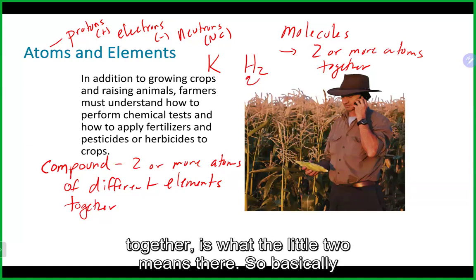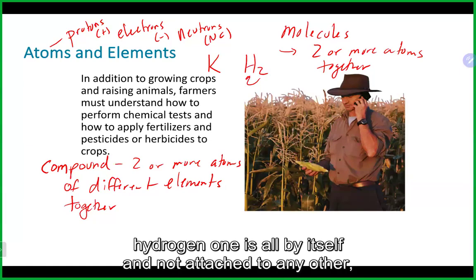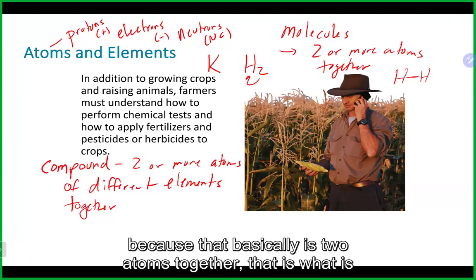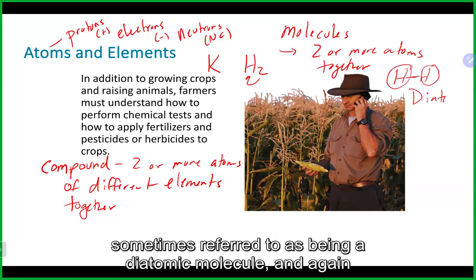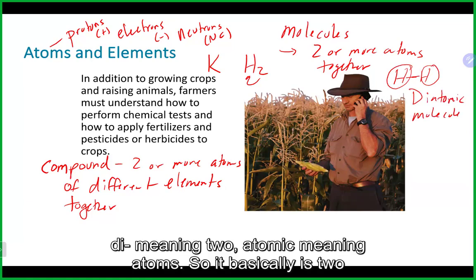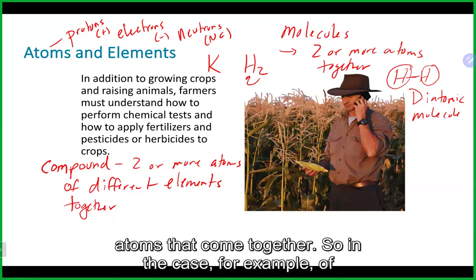So basically, hydrogen, when it is all by itself and not attached to anything else, comes as a 2-pack, if you will. Because that is 2 atoms together, it is sometimes referred to as a diatomic molecule. Di meaning 2, atomic meaning atoms.